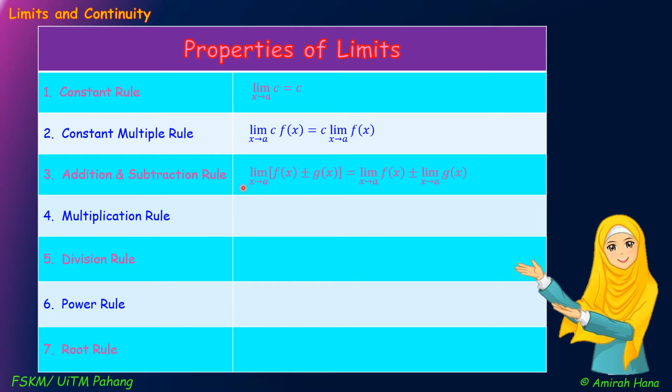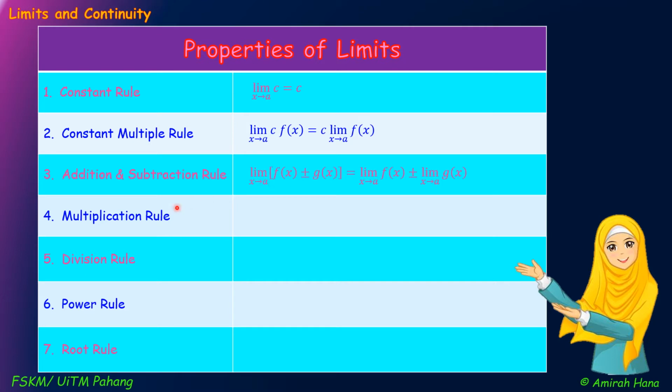If we have the limit as x approaches a of f(x) minus g(x), it equals the limit of f(x) minus the limit of g(x). When we have addition and subtraction, we can separate the limit.